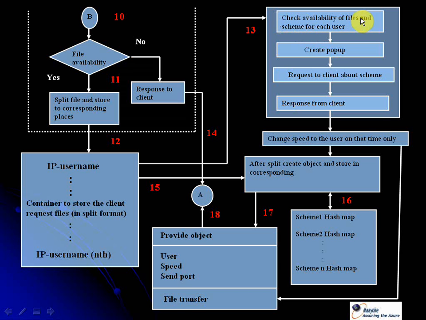So here we are going to check whether the file is available and the scheme for each user. If the user is at a low tariff, then we'll give a pop-up message to choose a different scheme.